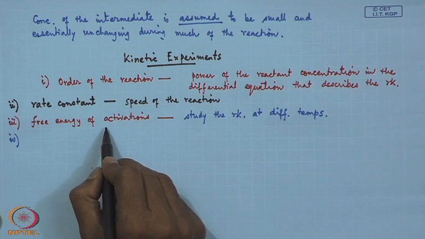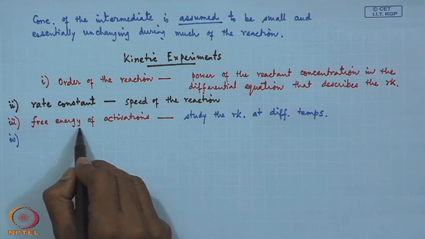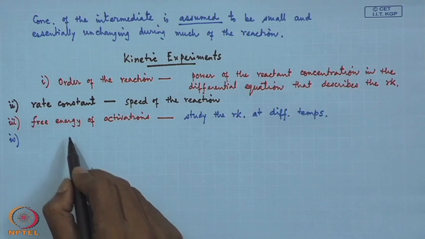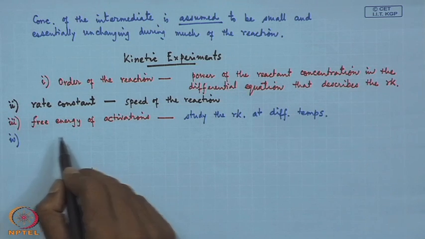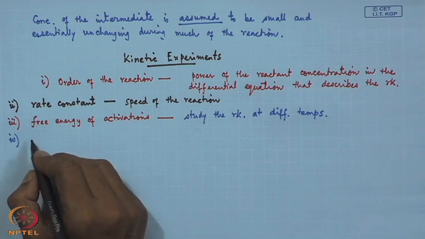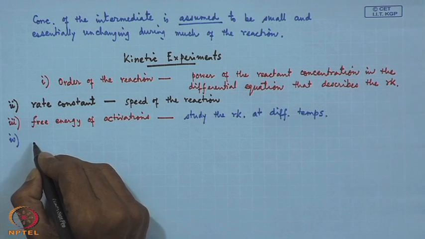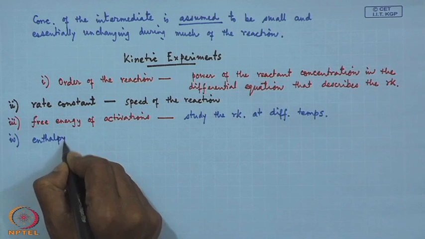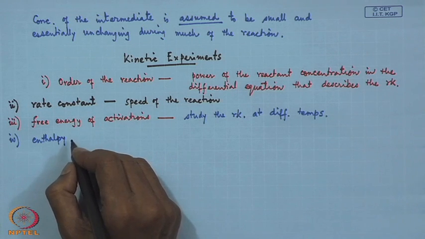It is the free energy, and we all know the free energy, the delta G, the change in free energy, has two components. One is the delta H term, another is the T delta S term. So, the enthalpy or the heat term, the delta H term, is the corresponding thing we can find out.